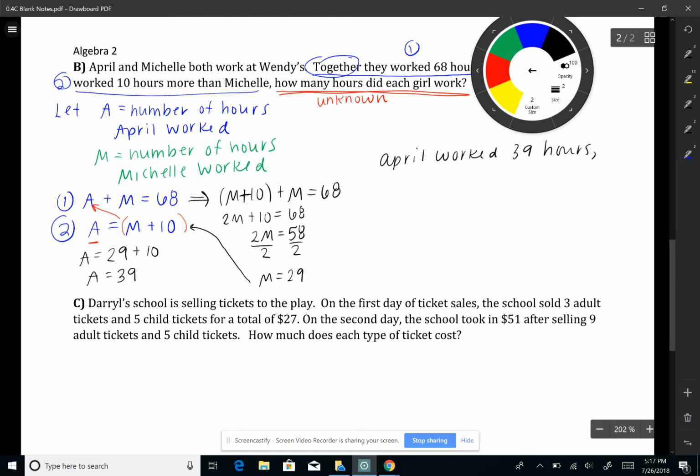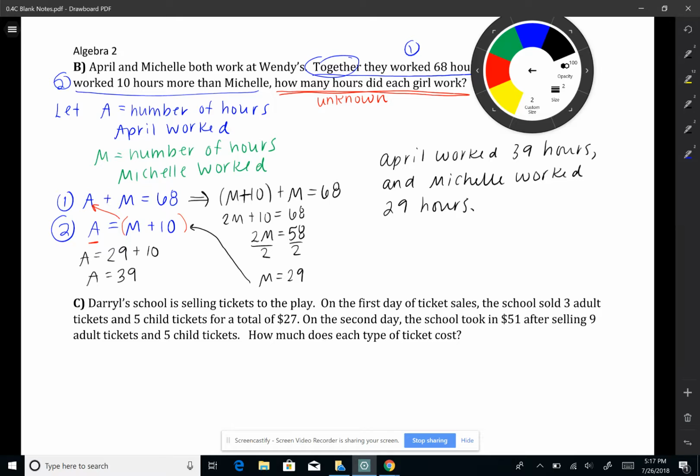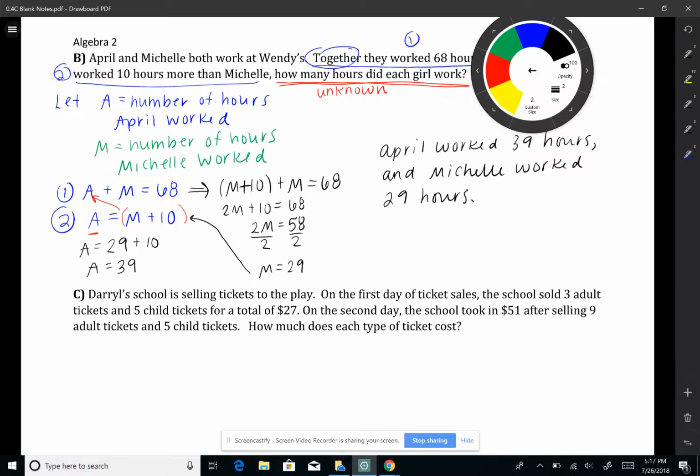And the M equals 29 means Michelle worked 29 hours. Okay, wonderful. Let's move on to C.